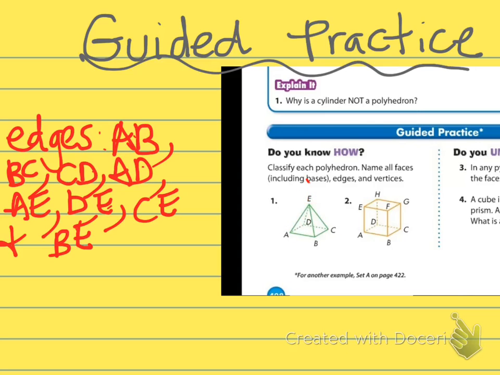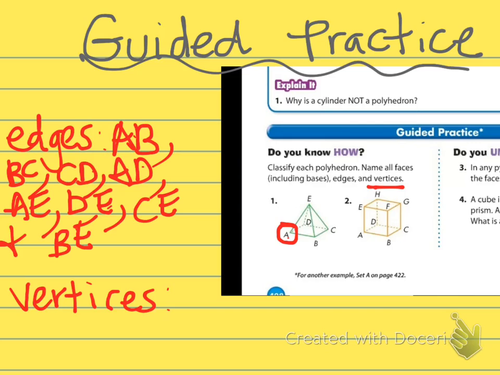Okay, and the last part here is identifying the vertices. Looking at your definition, that means the point where several edges meet. Pretty much it's the name. Every letter here is represented by a vertex, right? So one of them is the vertex A. And the way you identify it is pretty simple, just by the letter it represents.